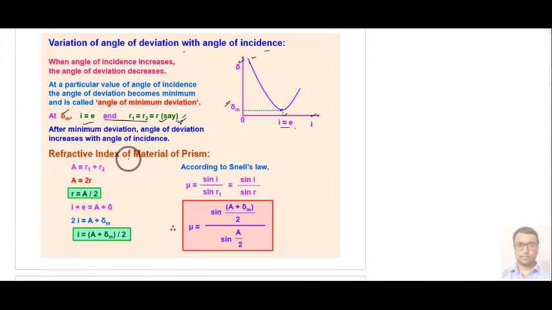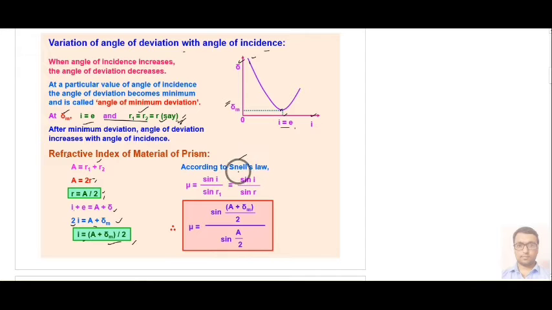Now the refractive index of the material of the prism: A is R1 plus R2, and here both angles will be equal in case of minimum deviation. So we can write R equal to A by 2, and I plus E equal to A plus delta, or 2I will be A plus delta m, because I and E are equal, so I will be A plus delta m by 2.